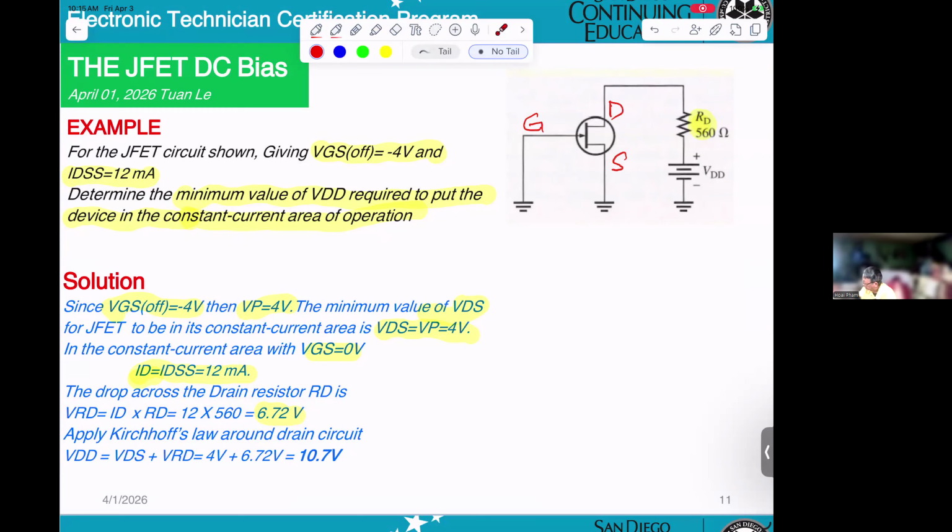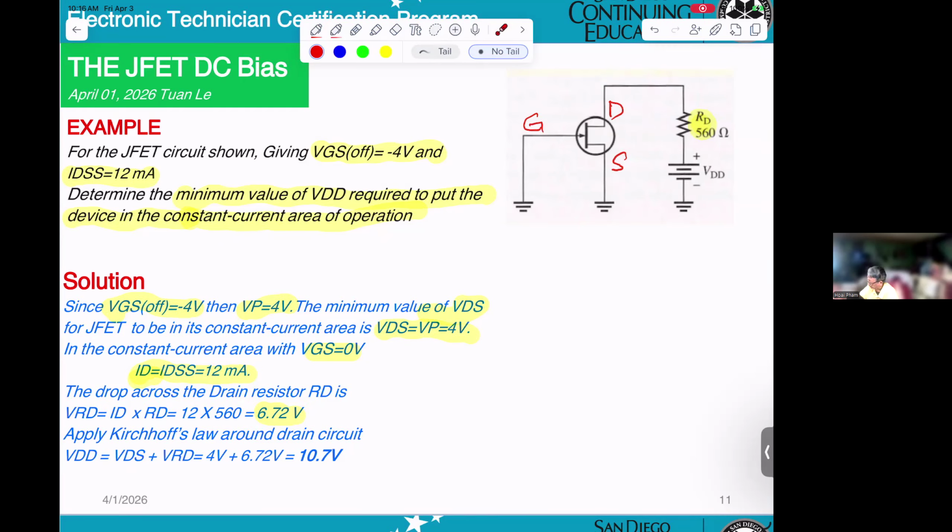VDD equals VDS, the voltage here, plus VRD, the voltage drop across RD.